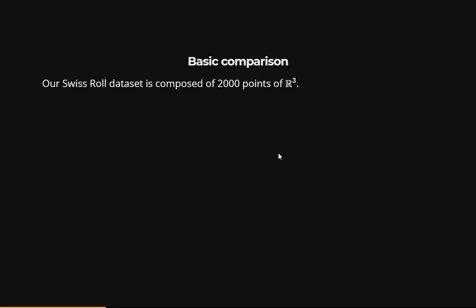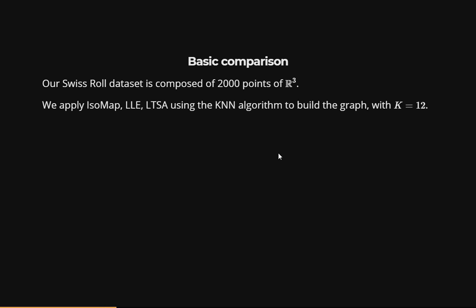Now, our data set is composed of 2,000 points in R^3, and we apply these three algorithms, all with the KNN algorithm to build the graph, so the K nearest neighbors, with K equal 12 here. Now, why 12? Well, we will talk about it later. Obviously, you cannot choose any value for that.